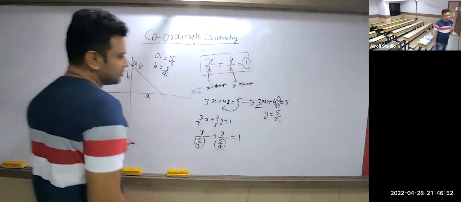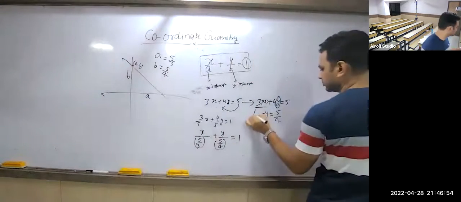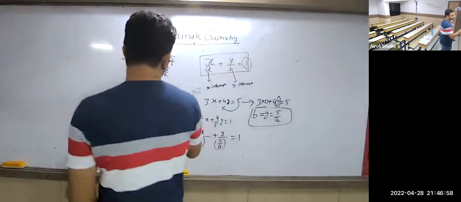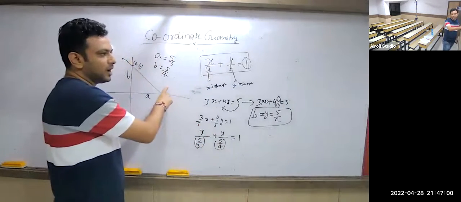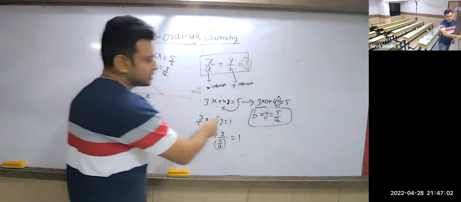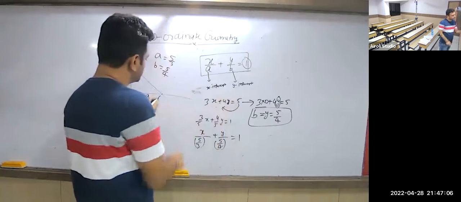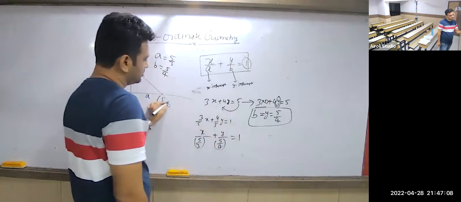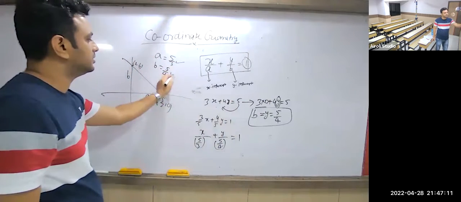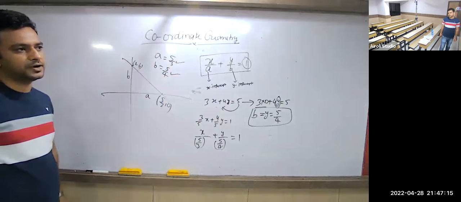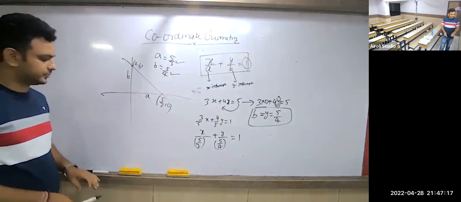So b is nothing but 5 by 4. For a, I have to put y value as 0. So if you put y value as 0, you will get x value as 5 by 3. So this will be your 5 by 3 comma 0. Same, 5 by 3 and 5 by 4. Got it? Any doubt?